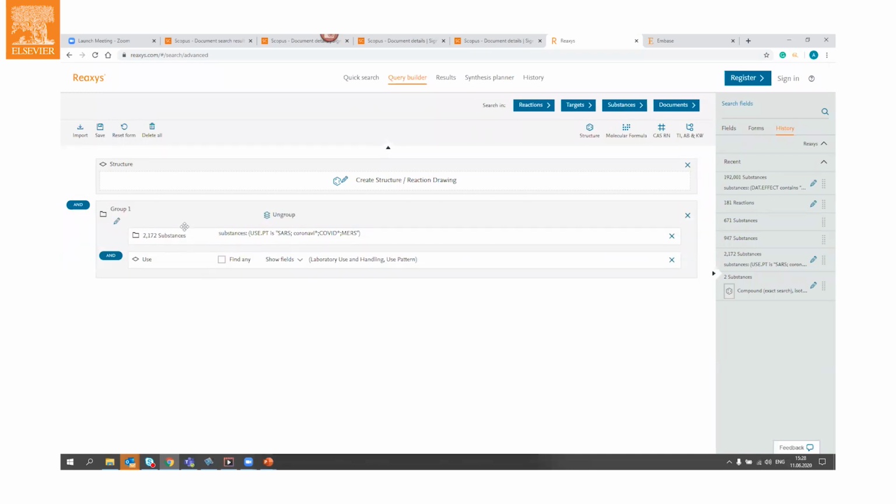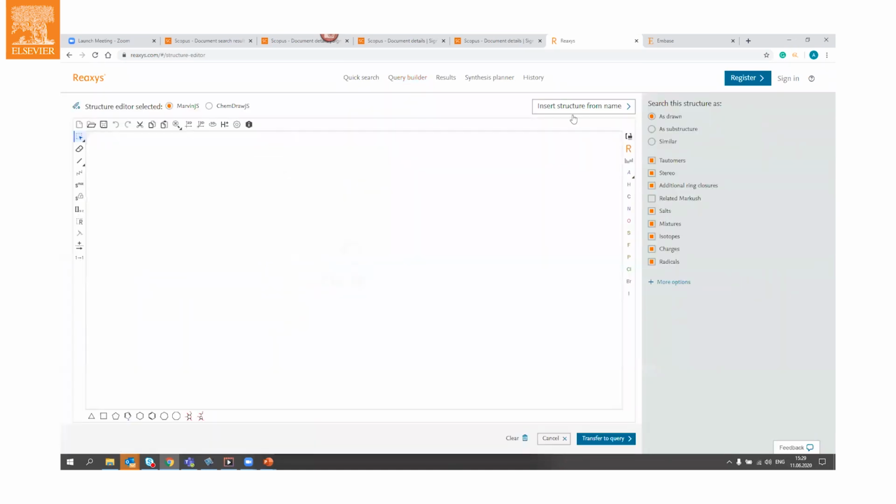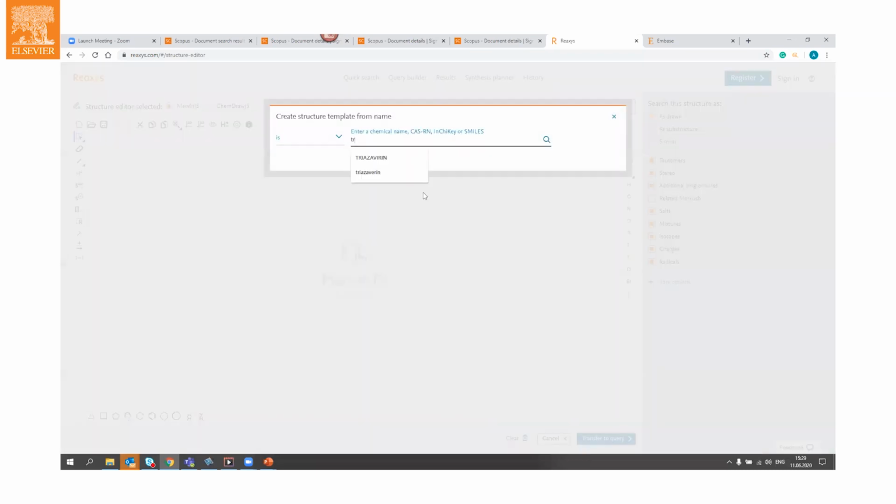So here I go. We group the use field and the previous 2000 molecules which were used, and we can use different logical operators. For example, we can use the operator OR here, and it's just an example of how you can combine different search fields. And also we agreed to add the structure of triazavirine.